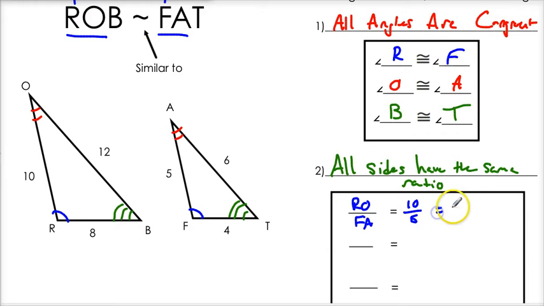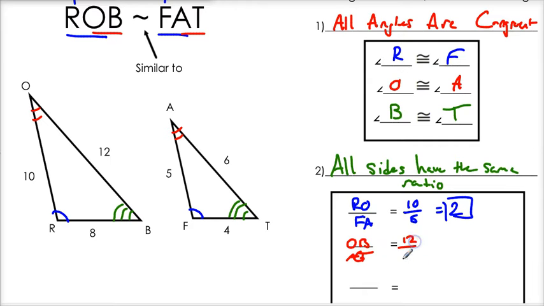So 10 over 5 is equal to 2. So the ratio of RO to FA is 2. Now the same thing goes for OB to AT. The length of OB is 12 and the length of AT is 6.